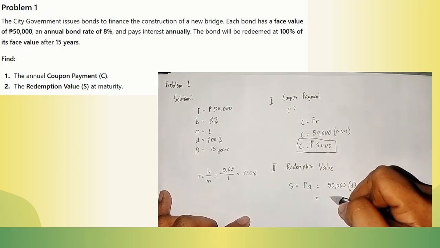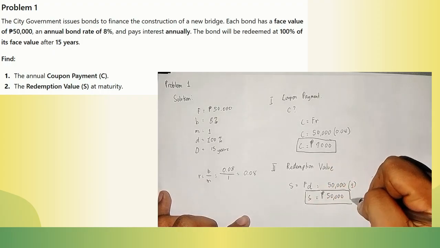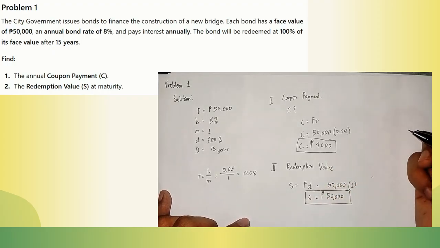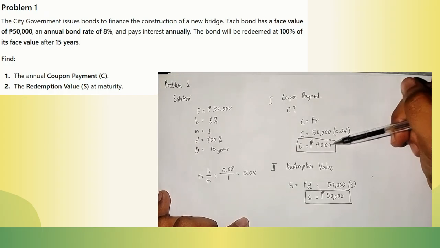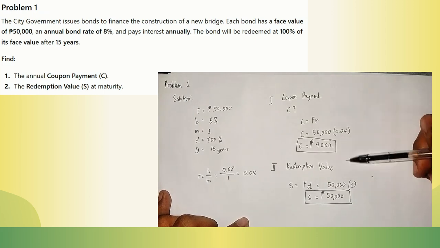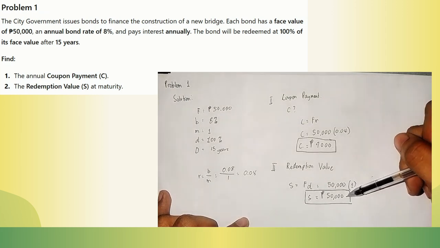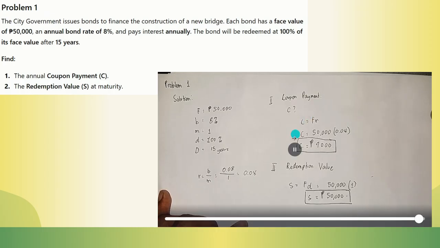So meaning our redemption value is 50,000 pesos. Now, therefore, the annual coupon payment is equals to 4,000 pesos, and the redemption value at maturity is equals to 50,000 pesos. That is for problem number 1.